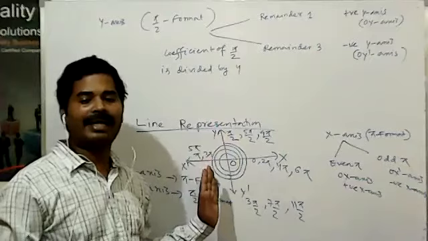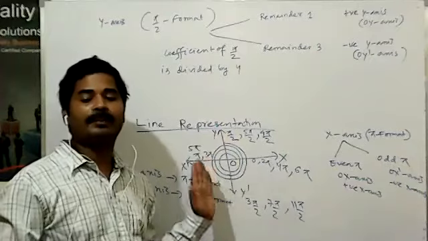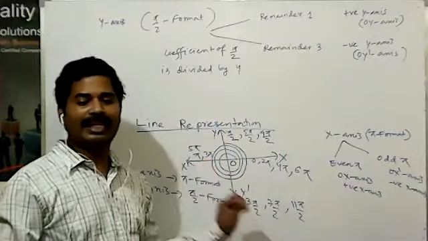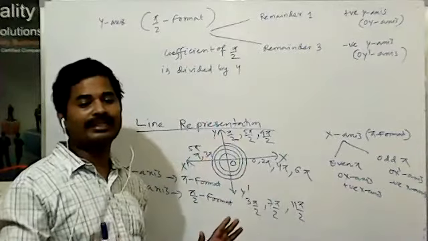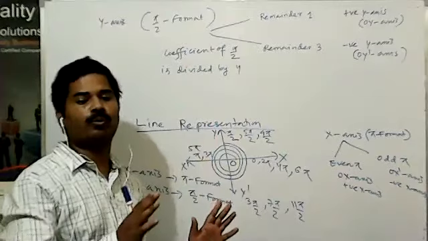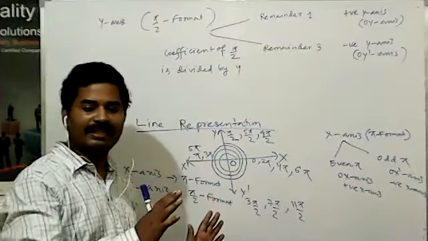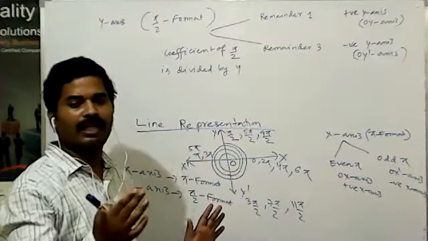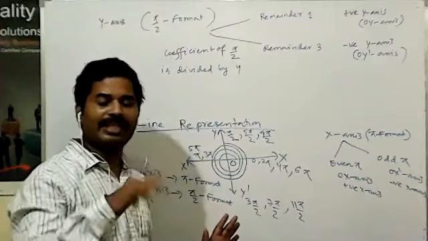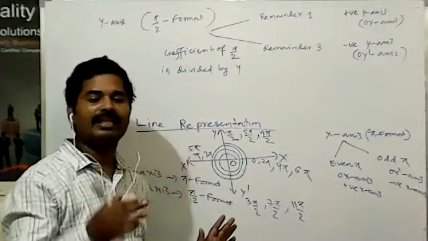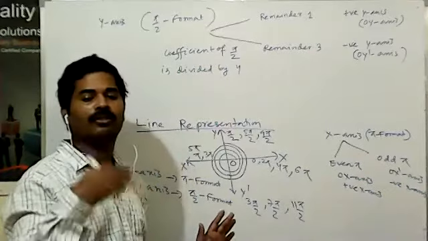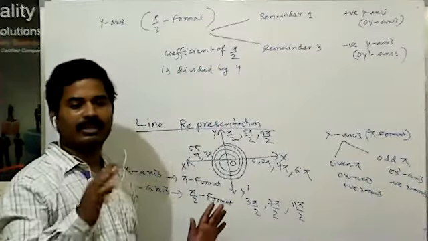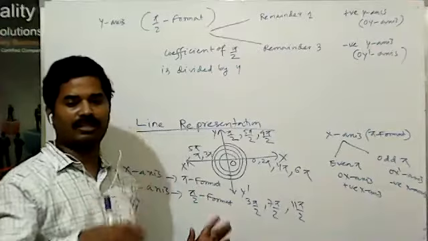In this way, we can find out the line representation, which angle is in which line. This is the most important case. If you know the angle's line, then you can find the quadrant, then the sign in the quadrant, then the value of the trigonometric function. That is the chain process.